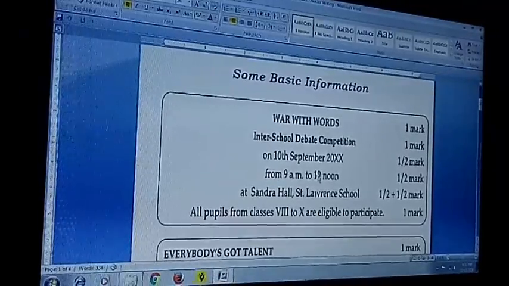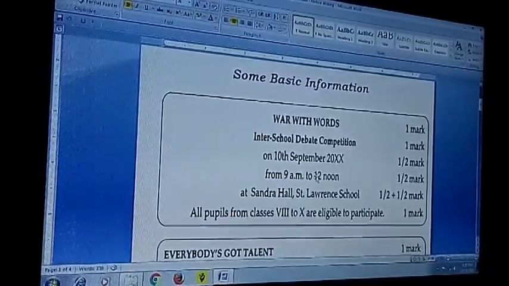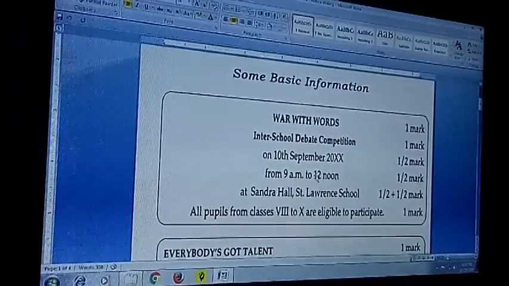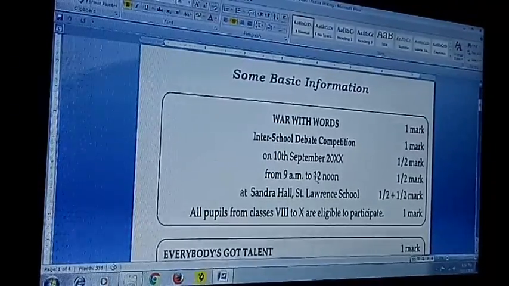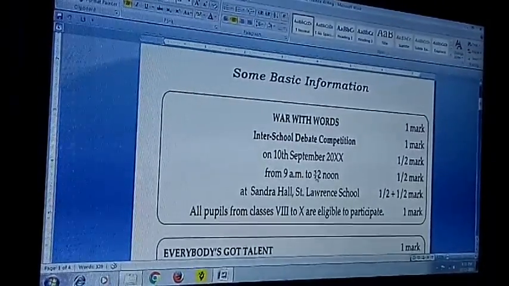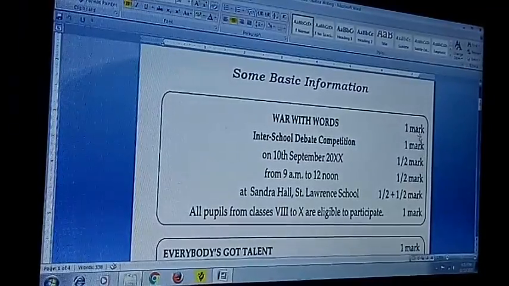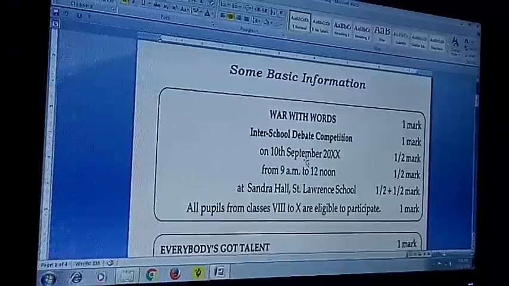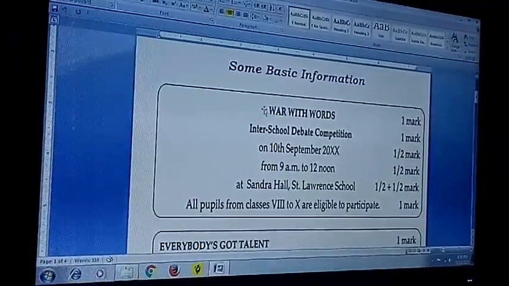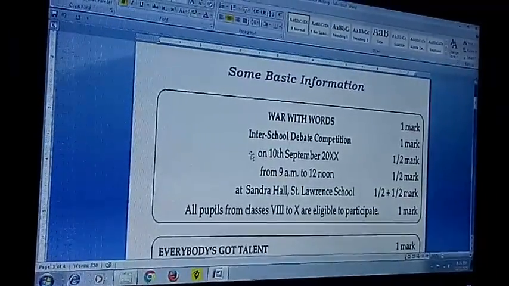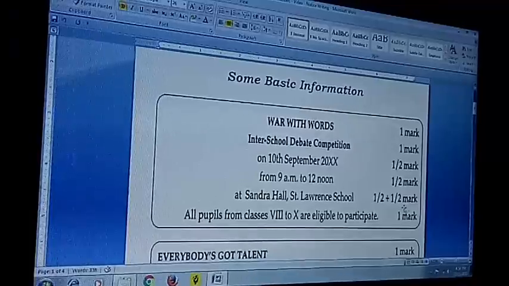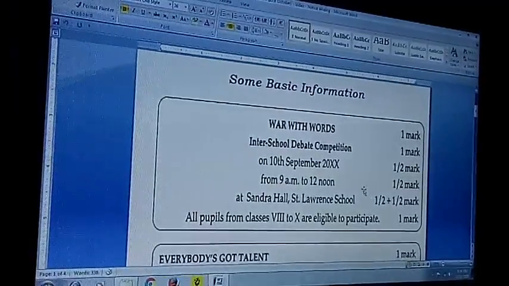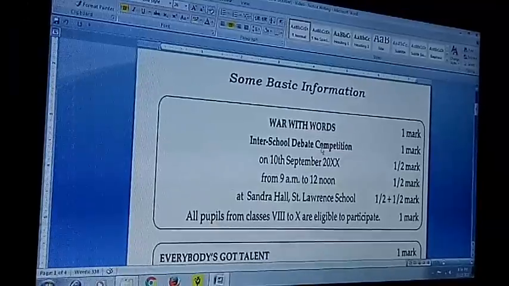Anyway, the marking scheme for the notice writing is more important than the notice itself, because frankly speaking, each line has got marks. Therefore, you have to concentrate on whatever you are writing on each line.